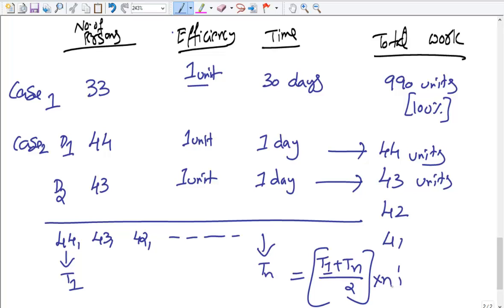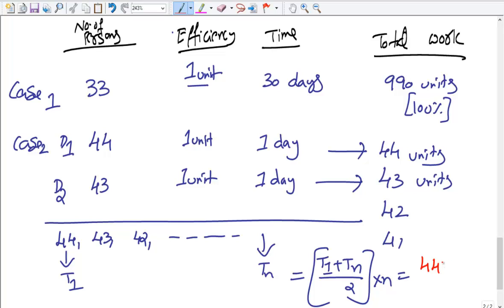So we know that term 1 is 44. What happens if we say that on the last day only one person is left? We can imagine it actually. You can say that the work finished when 10 persons are working, when only 8 were working, or when only 25 were working.